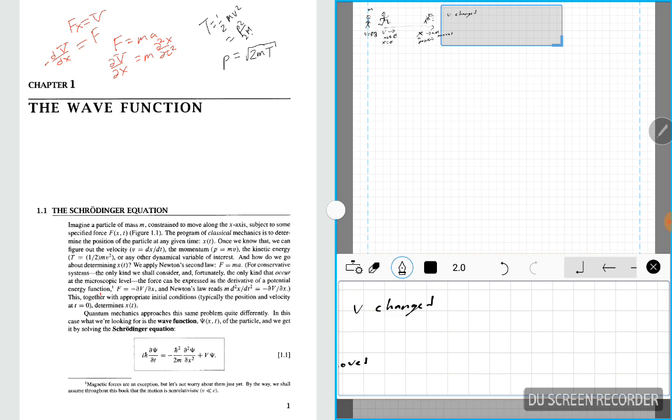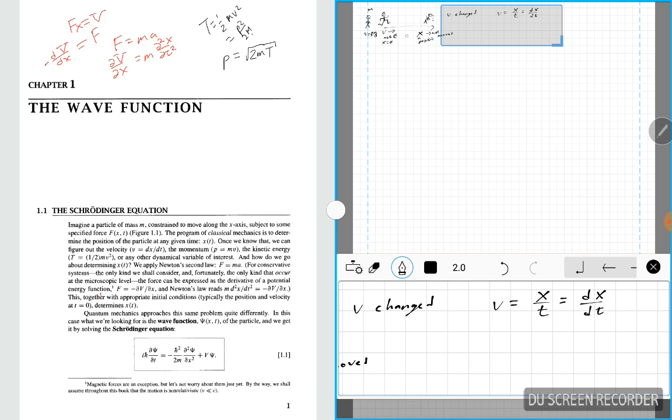So what we have here is that our velocity means that you changed your position over some time. So I could write that as being a change in position over a change in time.